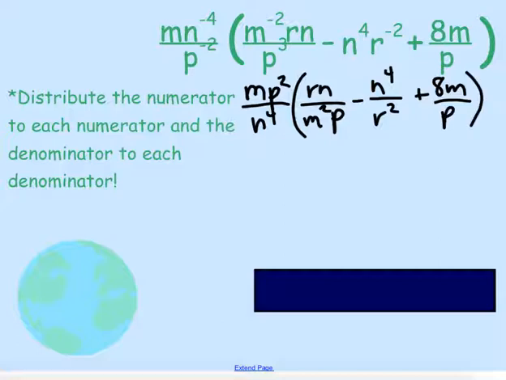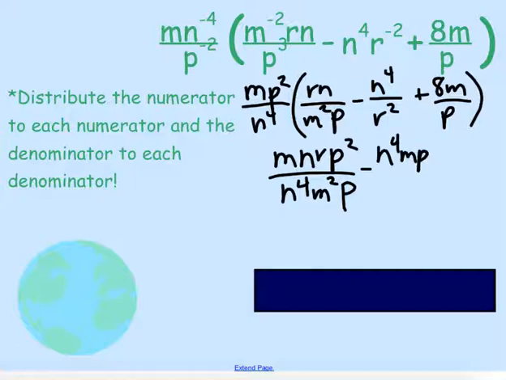Now that I'm working with all positive exponents, I just multiply out, and I get mnrp squared over n to the fourth m squared p minus n to the fourth mp squared over r squared n to the fourth plus 8m squared p squared over n to the fourth p.